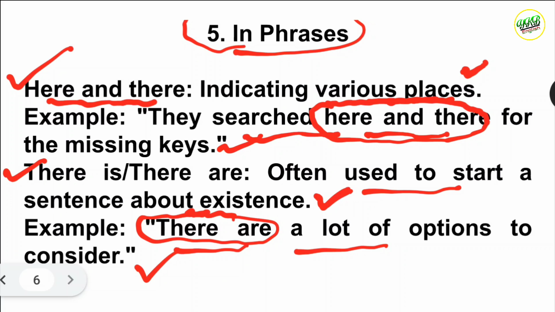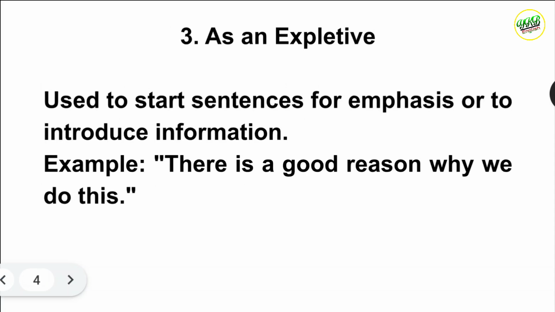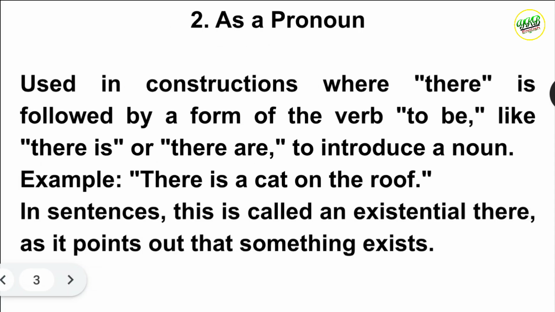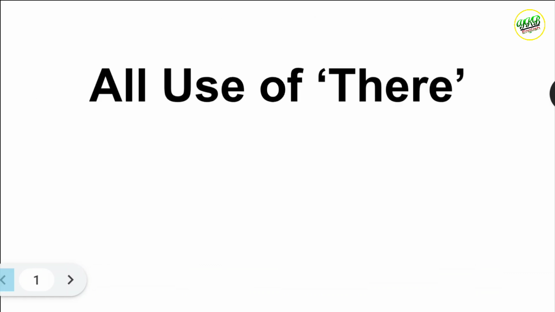I hope you understand all five uses of "there": as a phrase, as an interjection, as an expletive, as a pronoun, as an adverb. You must remember these uses so you won't be confused about how to use "there".